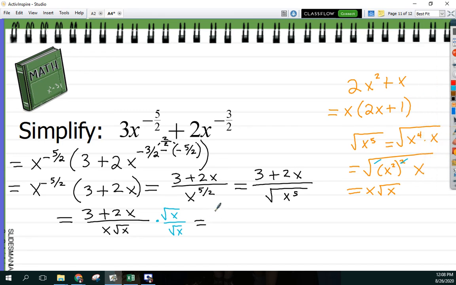So I would have the square root of x times 3 plus 2x divided by, notice if I have the square root of x times the square root of x, my square roots would reduce and I'm just left with x. But then we still have this other x hanging out on the outside, so we would have x times x.